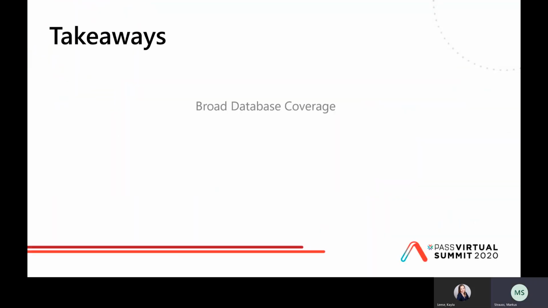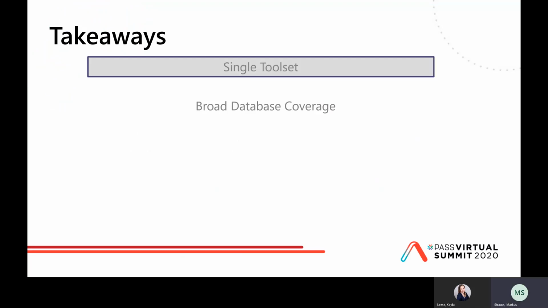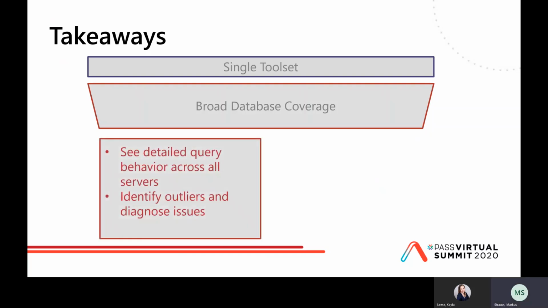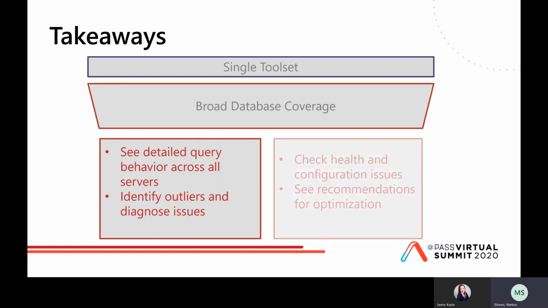So with that, we're getting to the very last part, which is the key takeaways. Ideally we would want a single tool set with broad database coverage, where we can see detailed query behavior across all servers and services, and where we can very easily and quickly identify outliers and diagnose issues.